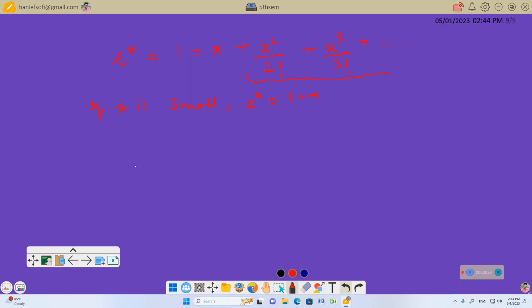Now, the same will hold true for this exponential, which is e raised to the power h nu by kT.